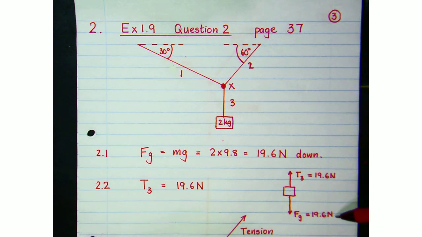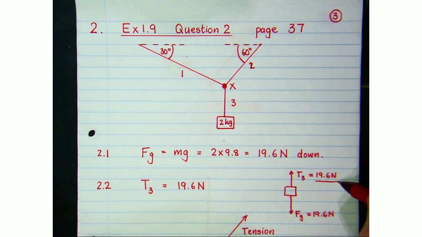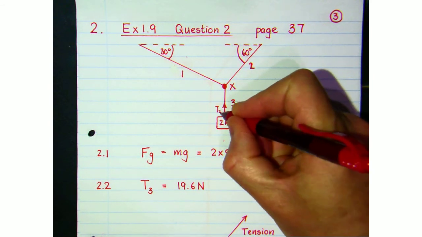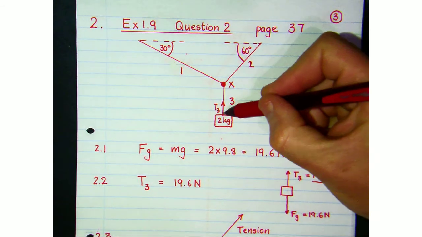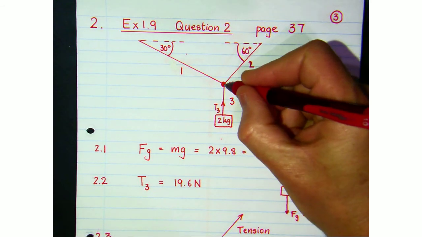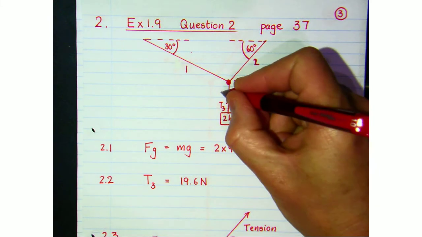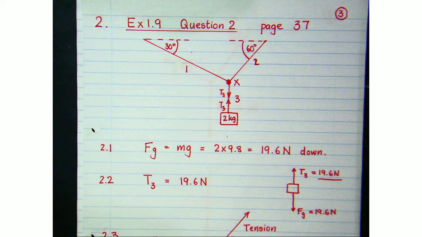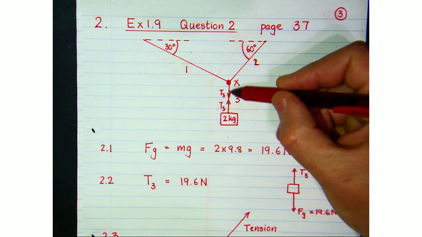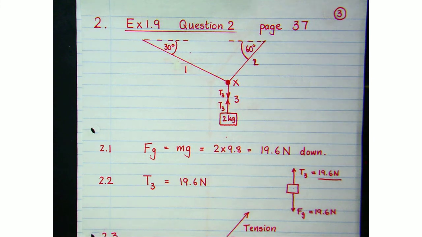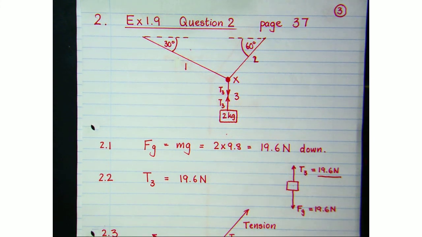So the net force is 0, and therefore T3 is 19.6 newtons acting up there. But the tension in the string is the same throughout, so it acts away from point X. T3 acts downwards from point X, but it acts upwards on the 2 kg. So we found T3 to be 19.6 newtons.